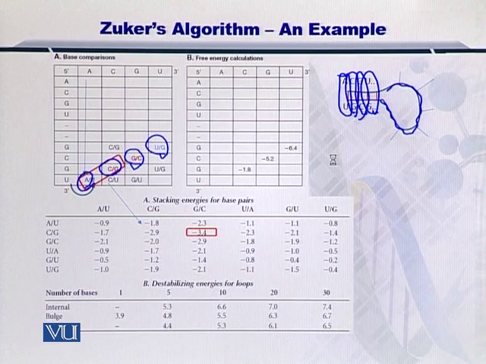Remember, in Zuker's algorithm, we have to incorporate the instability introduced by these unpaired nucleotides. For that, you can simply count them up. In this case, they are 5.